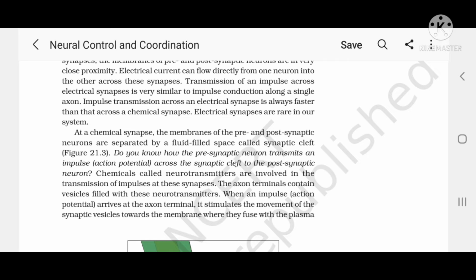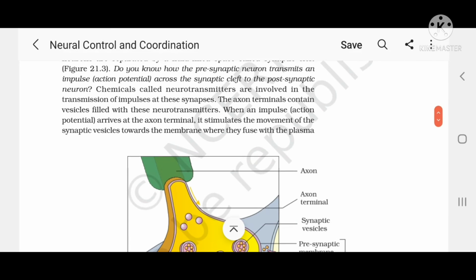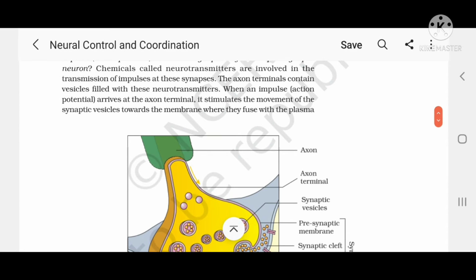The axon terminal contains vesicles filled with these neurotransmitters. When an impulse (action potential) arrives at the axon terminal, it stimulates the movement of the synaptic vesicles towards the membrane, where they fuse with the plasma membrane and release their neurotransmitters in the synaptic cleft.